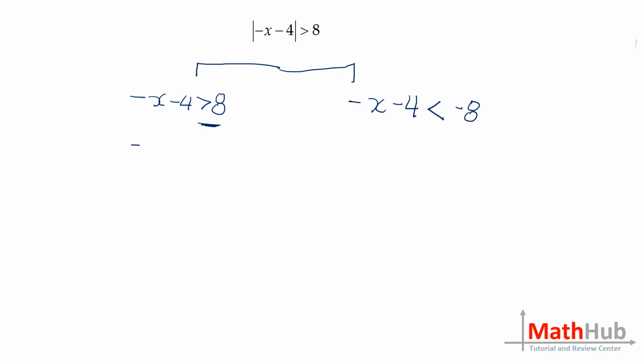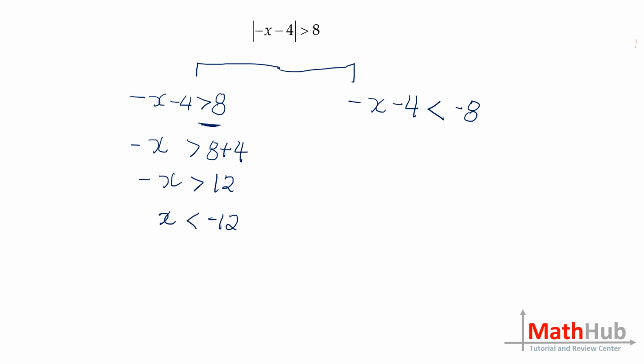So we have negative x is greater than, let's transpose, 8 plus 4. Negative x is greater than 12. I am dividing both sides by negative 1. So it becomes x is less than negative 12.